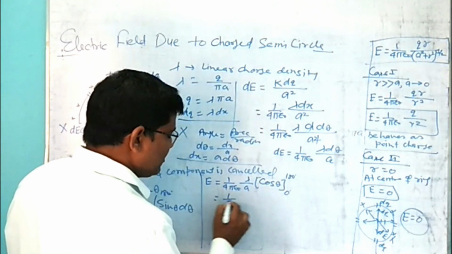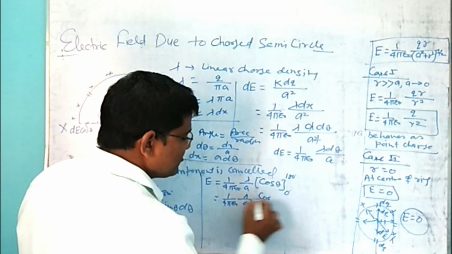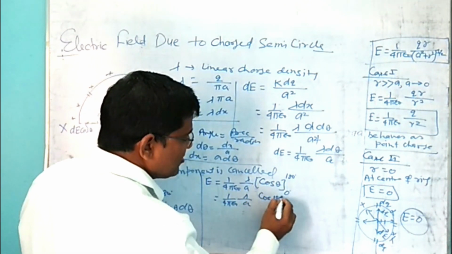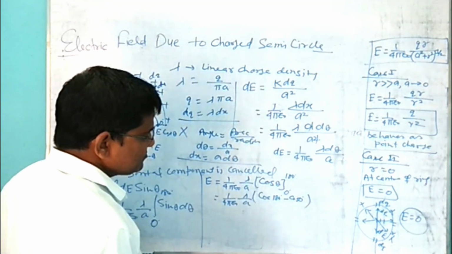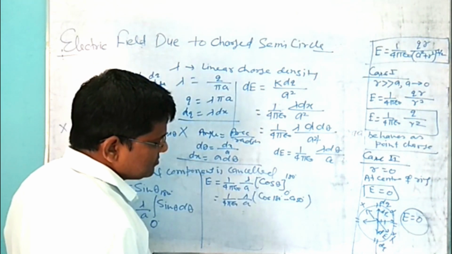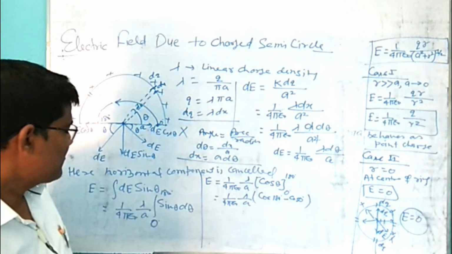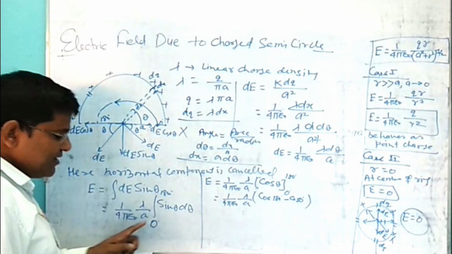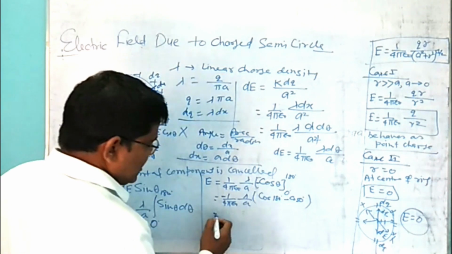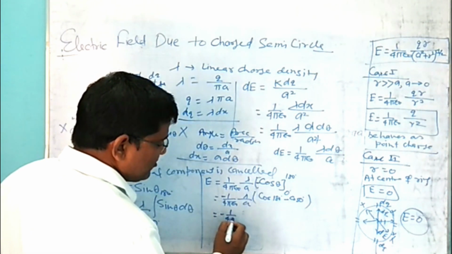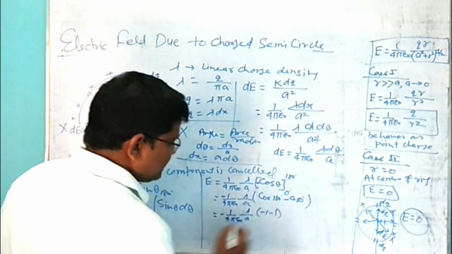So it becomes 1 by 4 pi epsilon naught lambda by a, cos 180 degree minus cos 0 degree, and that's why the minus is here. Minus 1 minus 1 becomes plus 2.